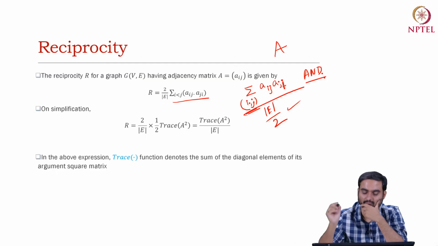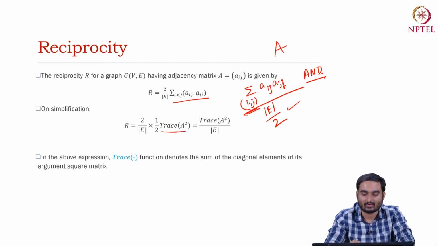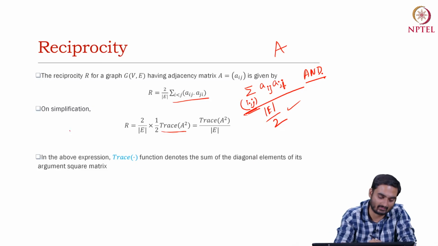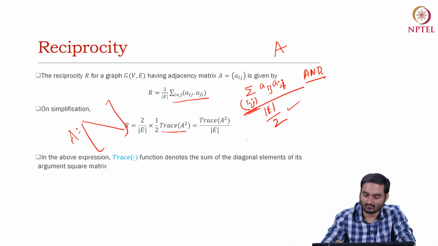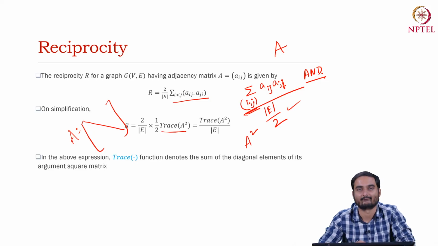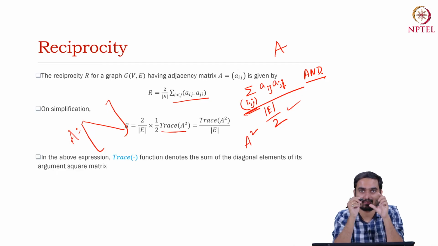You can also quantify it in a more sophisticated way. You look at the trace. What is the trace of a matrix? The trace of a matrix is basically the sum of the diagonal elements of a matrix, right? So if it is A square, I have already mentioned in the last lecture that A square would give you the pairs which are connected through 2 hops.